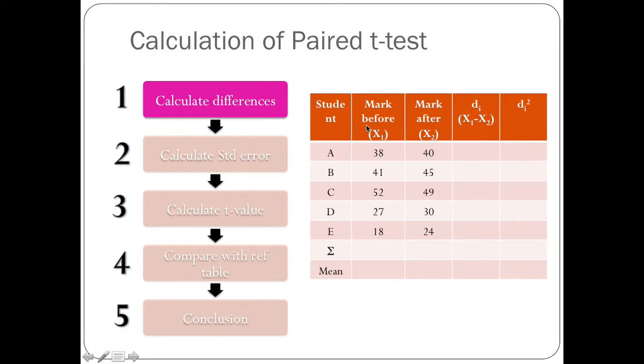You can see that the sizes of the sample groups are the same. So first calculate the differences, x1 minus x2, and then the square of the differences, and calculate the sum of x1, the sum of x2, the mean of x1 and the mean of x2.